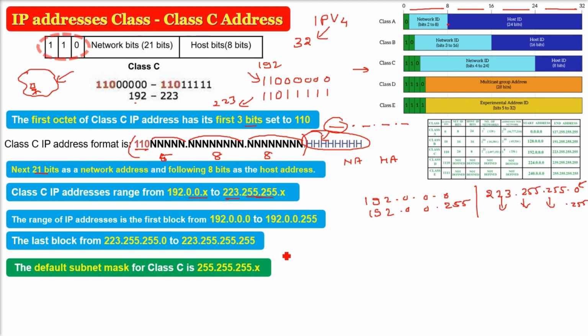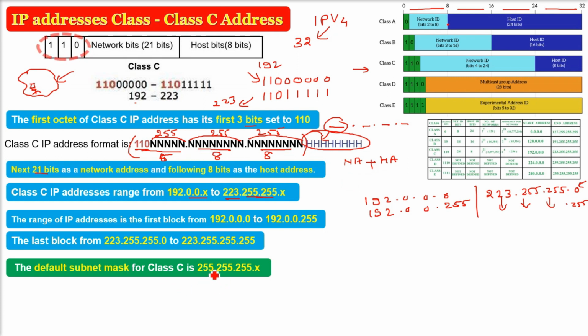As I said, there will be a subnet mask to carry out the computation for the network address. The subnet mask will be the first 3 octets, 255.255.255. Every IP address is divided into a network address and a host address. The network address is computed by ANDing the subnet mask with the actual IP.